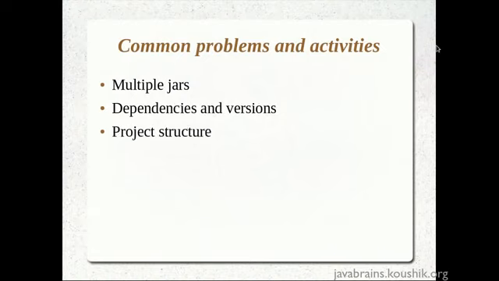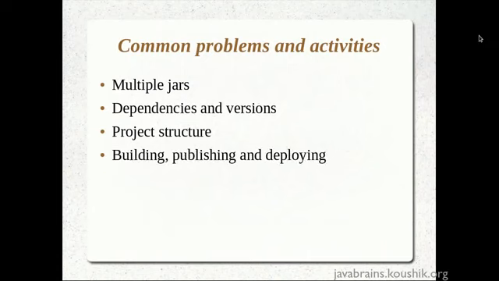The third common activity we do is to set up the project structure. A simple example is of a web application. We need to make the project structure proper. We need to have the proper directories, a web-inf, the libraries. The fourth common activity is to build, to publish, and to deploy. If you're using Ant, you would write all these targets and you would execute those targets whenever you wanted to build, publish, and deploy.